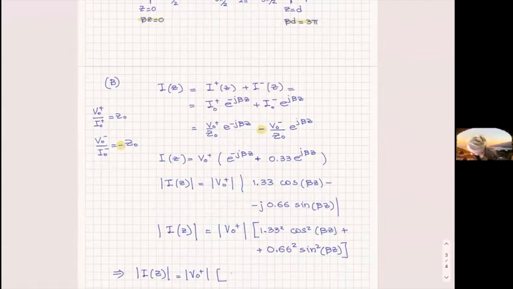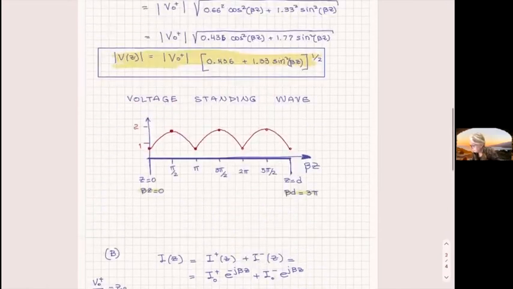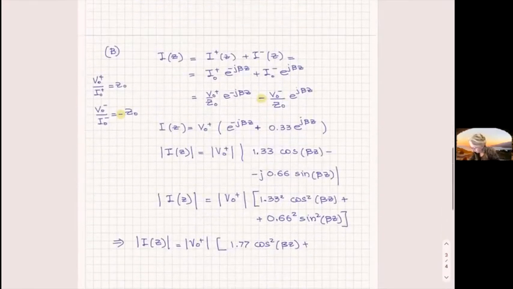So this is going to give me 1.77 cosine squared beta z plus 0.66 squared, 0.436 sine squared.